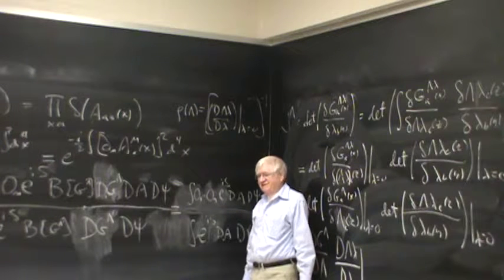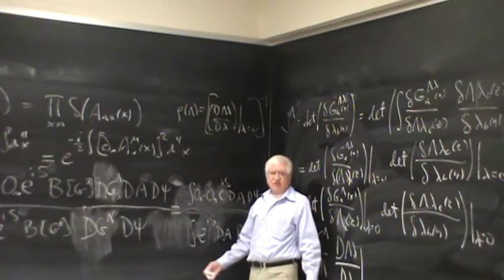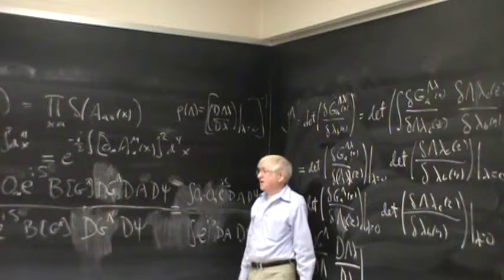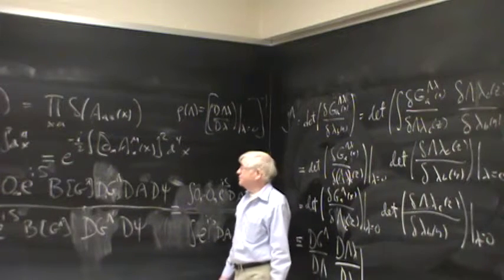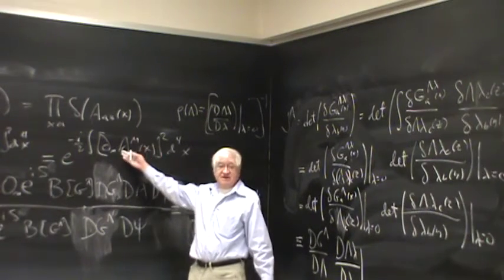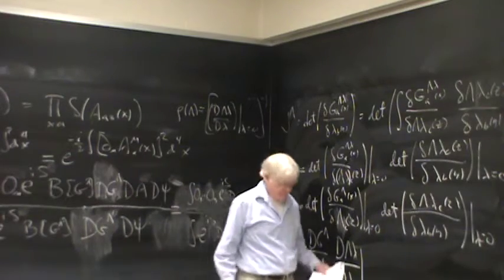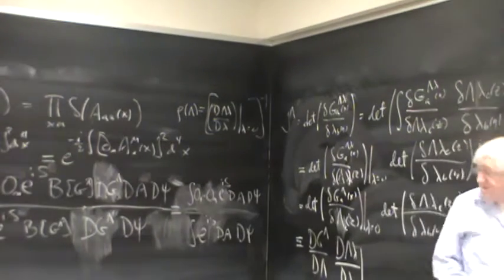On the other hand, if we want to do perturbation theory, we don't want to integrate over all the gauges. We want to fix the gauge. And in fact, we want to fix the gauge covariantly, so we want to use this kind of gauge fixing condition.